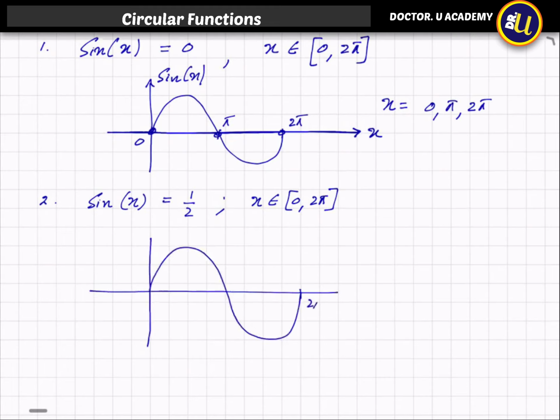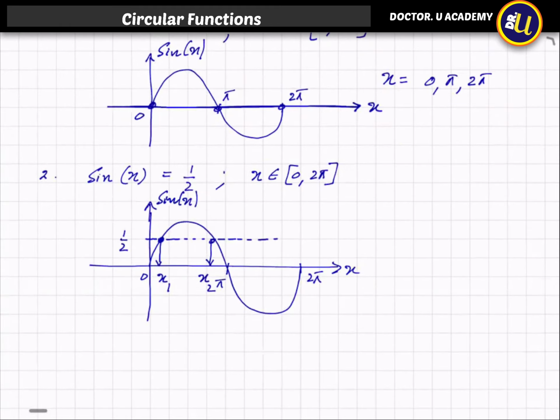So this is 2 pi, pi, 0. So your y-axis is sine x, x is x. So sine x is equal to half. So half should be somewhere here. So you can see 2 points here. So this is one solution, this is the second solution. So x1, x2.